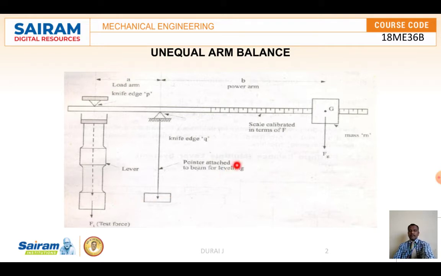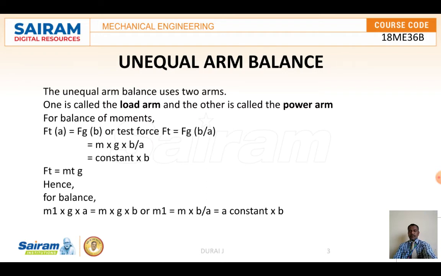Suppose the multiplication factor is 100: if we put a 1 kg weight, it is multiplied by 100, so we can measure 100 kg. The mass m can be moved along the horizontal scale, and when the beam becomes straight we stop, and at that time the weights are equal. This is how the unequal arm balance method works, and this formula helps to find the values.